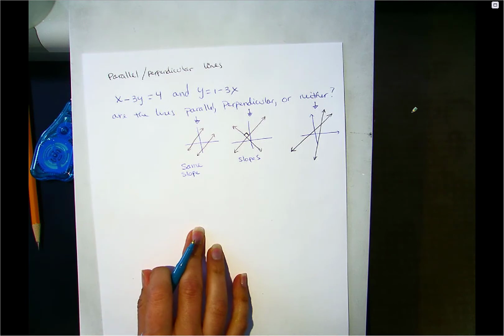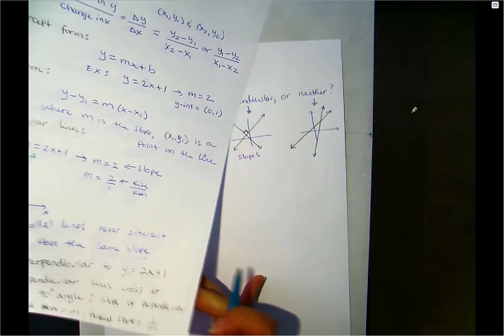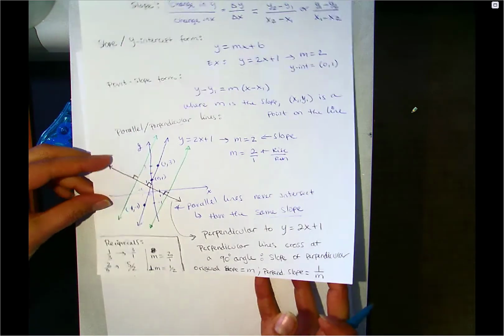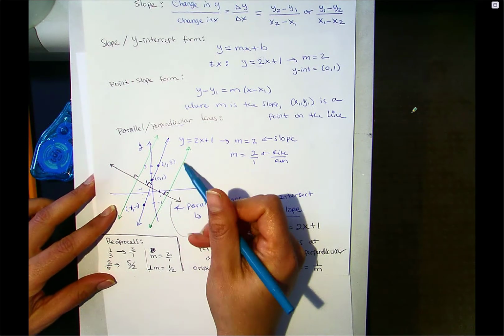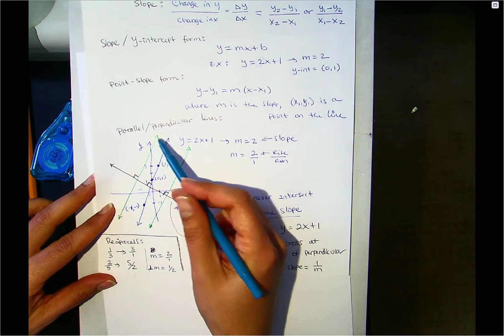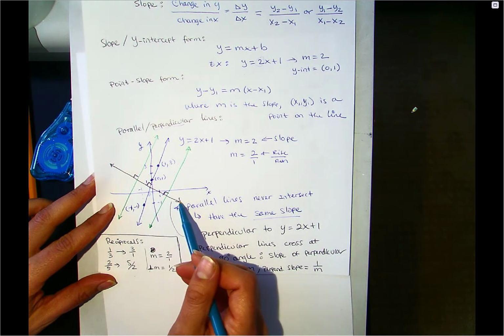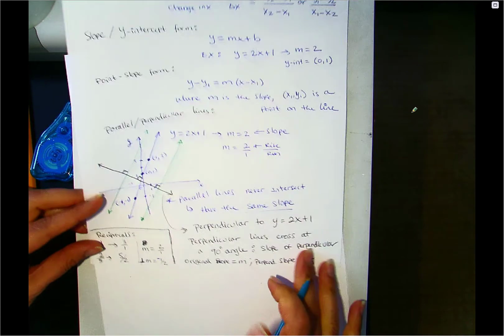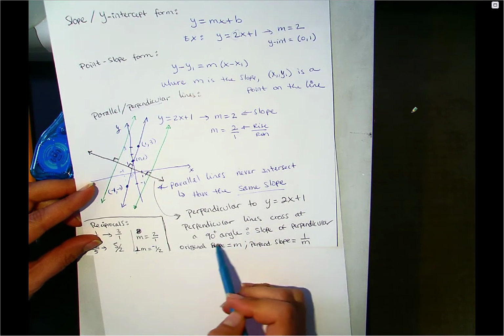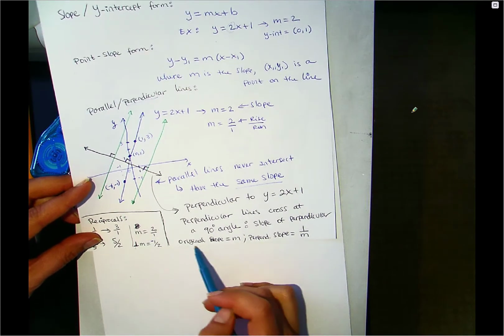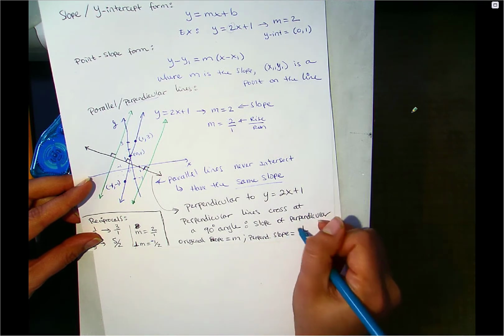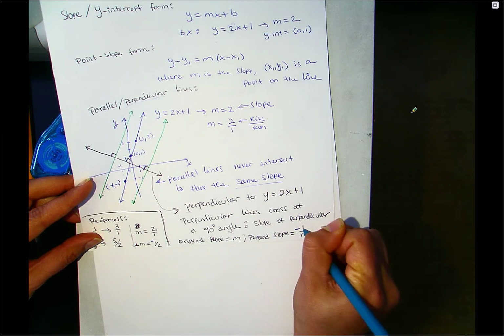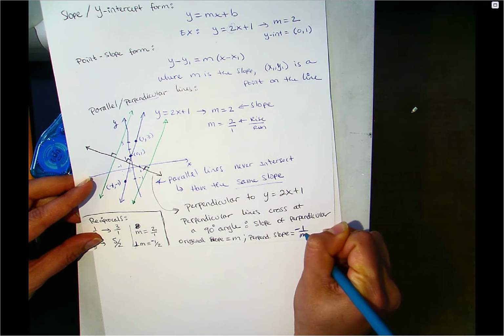One other thing I guess I didn't mention in the previous one, and some of you probably already noticed, is that as these lines are increasing, this one is not increasing, this one is decreasing. So the perpendicular slope is actually negative. So for perpendicular lines, they cross at a 90-degree angle. The slope of a perpendicular line is the negative reciprocal. Oops, I forgot to say that last time.